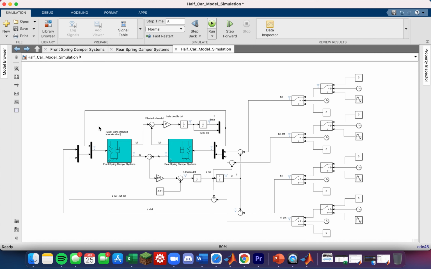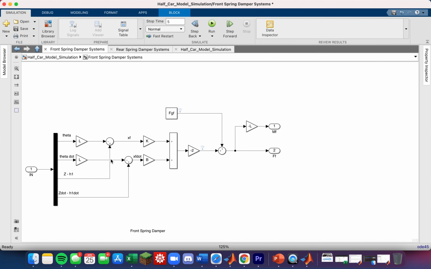You will first notice that everything rotates around these two masks. These masks represent the equations that use the spring damper system. This includes the forces of the front and rear wheels on the car, as well as the solutions for theta double dot and z double dot.